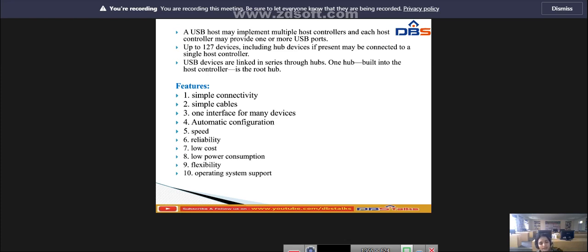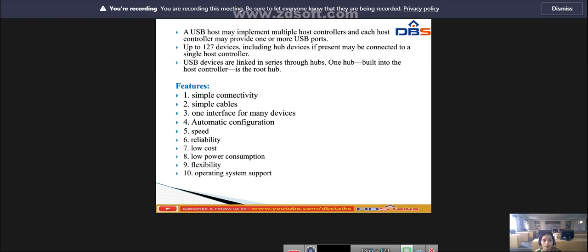With USB, there is no need to open the computer enclosure to add an expansion card for each peripheral. That is the first one, simple connectivity. Next is simple cables. The USB cable connectors are keyed so you cannot plug them in wrong.